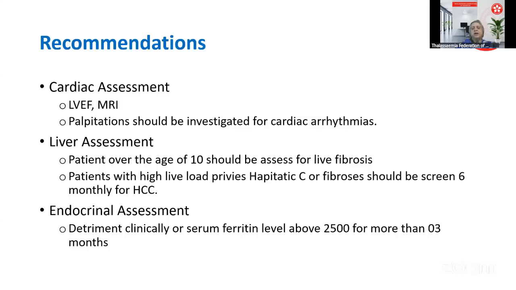Because we like to protect the non-transfusion dependent thalassemias by using drugs which increase the fetal hemoglobin. The other assessment of the heart is MRI, which is really not affordable to most of the patients.